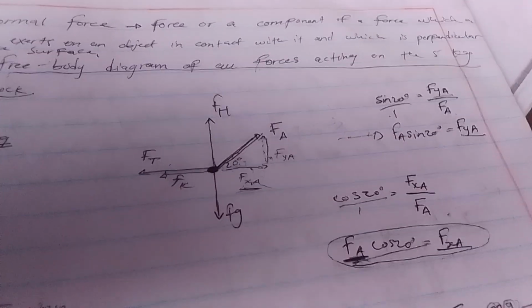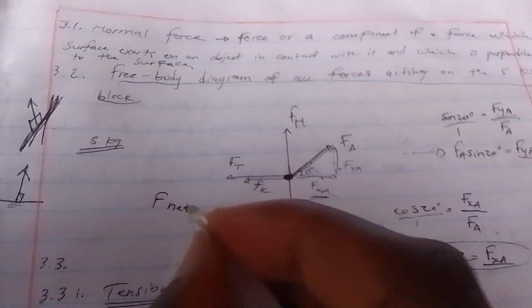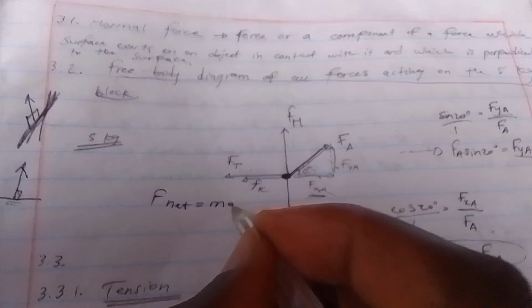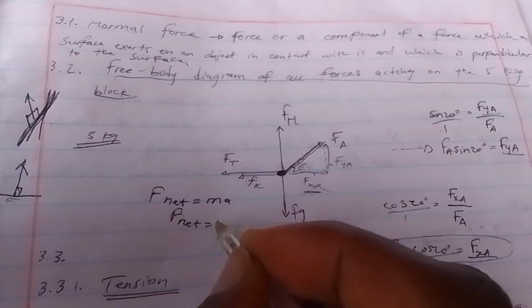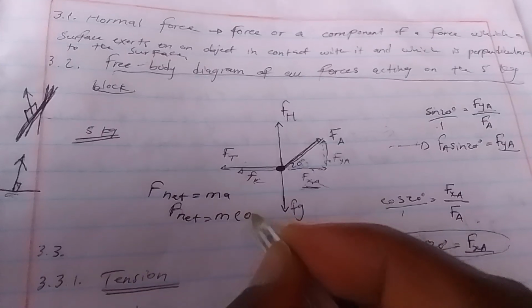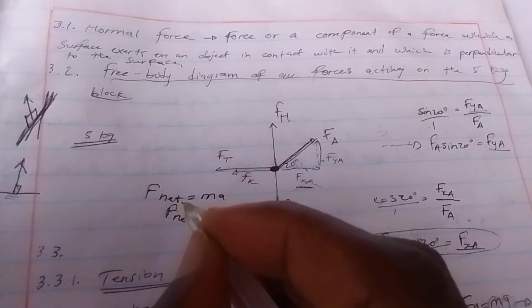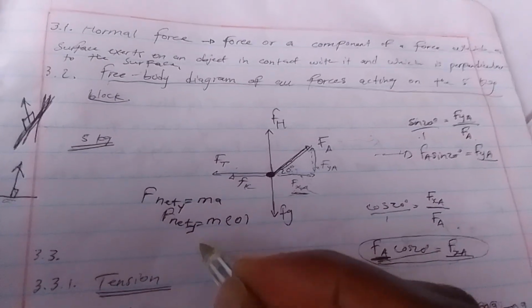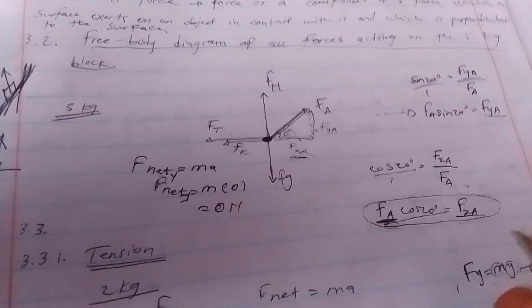So when we use this force, F net, which is equal to ma, our F net on our y direction becomes zero now because our acceleration is zero. It becomes 0 newtons now.